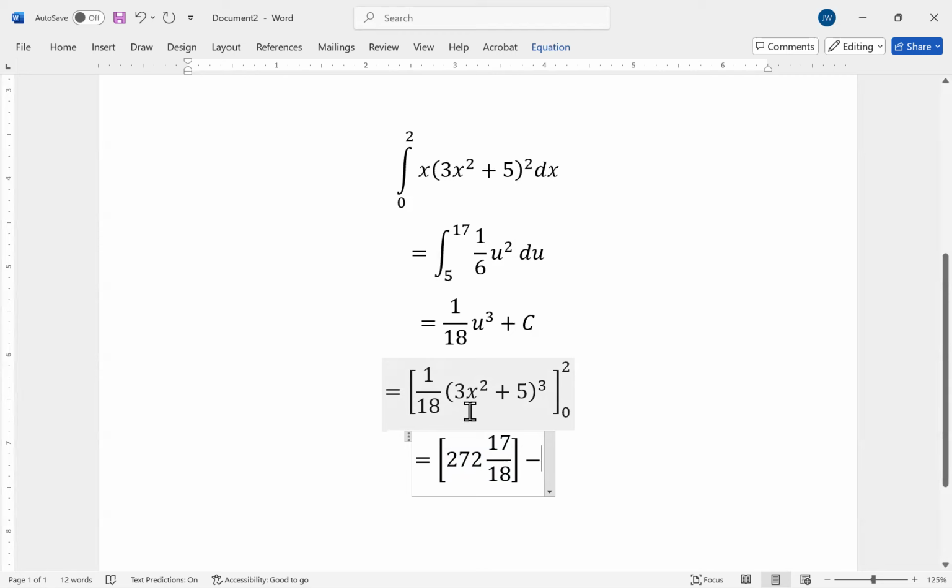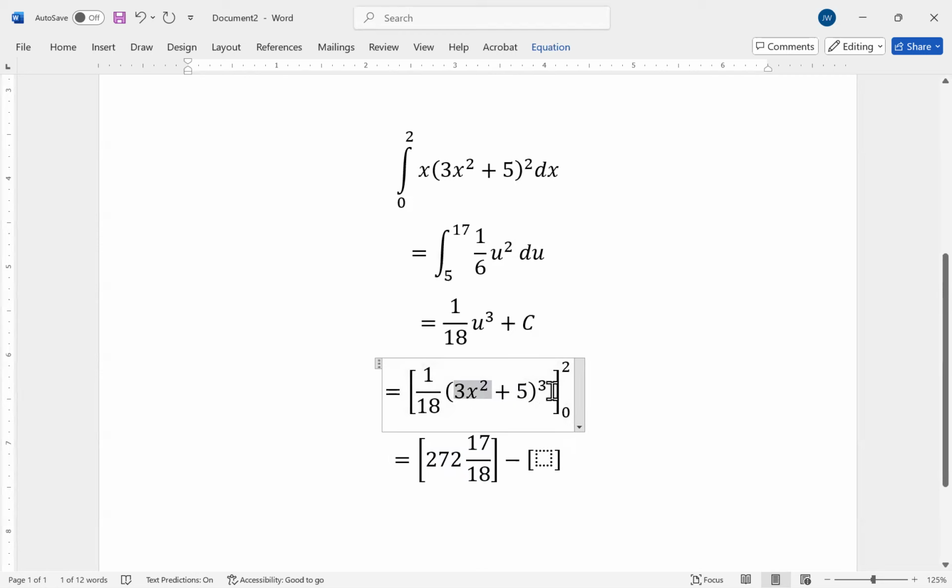Now when I plug in 0, I get 1 over 18 times 0 plus 5 to the third. So basically 1/18 times 5 to the third, which is 6 and 17 over 18.